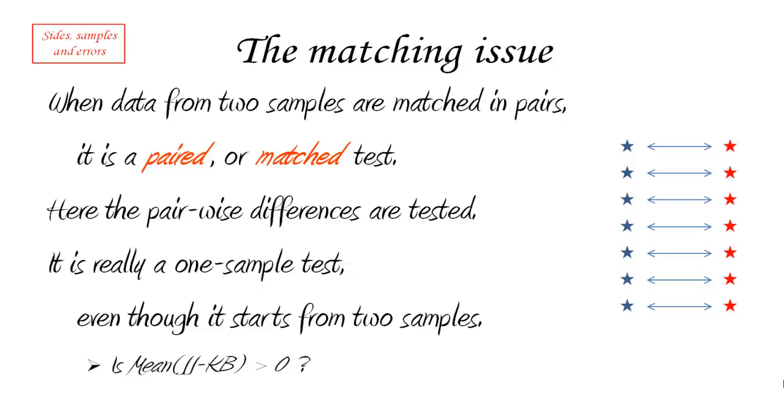If the jumping jacks and knee bends were actually giving the same mean heart rate, then of course that mean difference would be zero. Some people will be higher in one, some people will be higher in the other. On average, you would get zero. But on the other hand, if jumping jacks are more strenuous, those differences will tend to be positive. So again, it's not two separate groups that we're testing, but one group where we're looking at the difference between the two values.